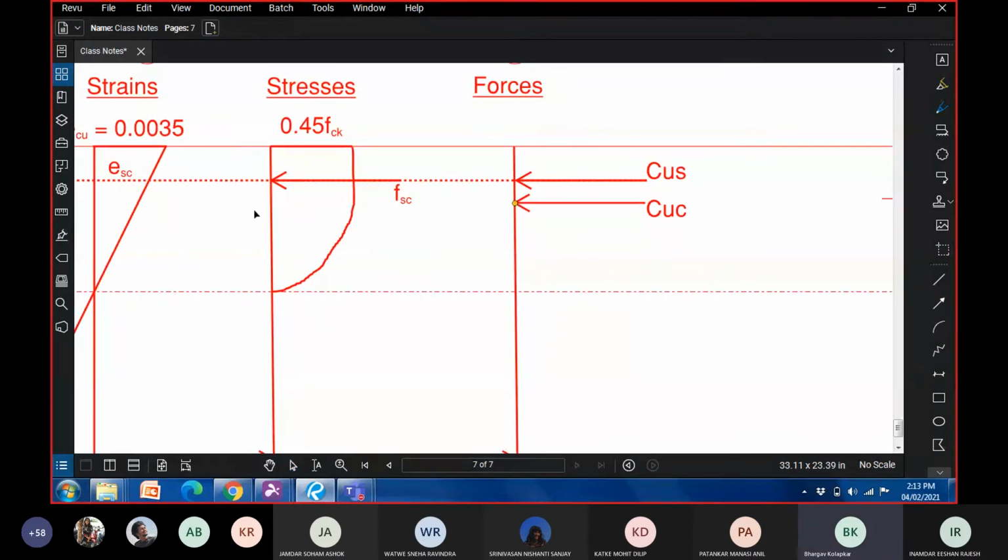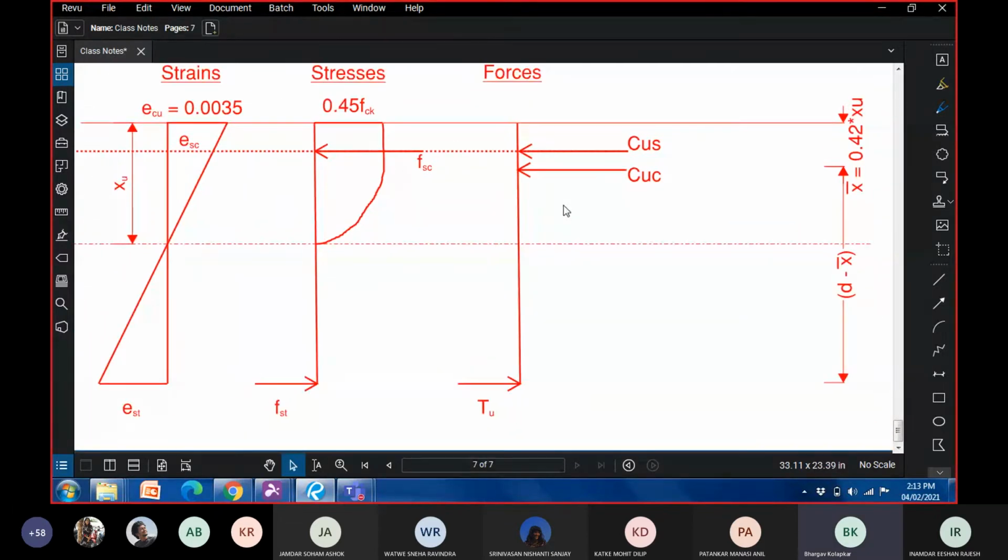Okay, so just to remind you, we computed this distance as 0.42 times XU. So I've just approximately drawn this here. So these are all our forces. This is the compressive force in steel. This is the compressive force in concrete, and this is the total tensile force.